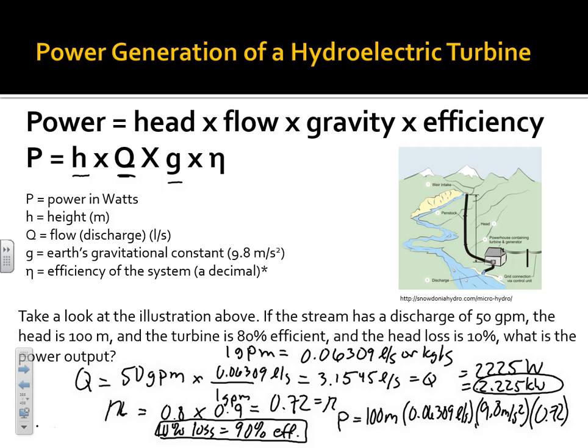So given all of the specs, that's what our power output is going to be. This will vary, of course, because we don't always have the exact same discharge. The efficiency might change and so forth.